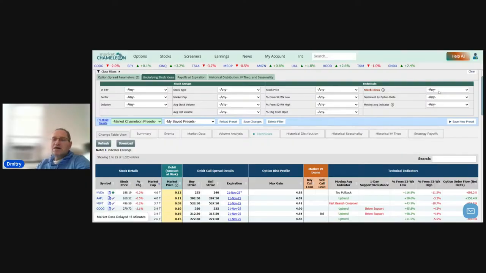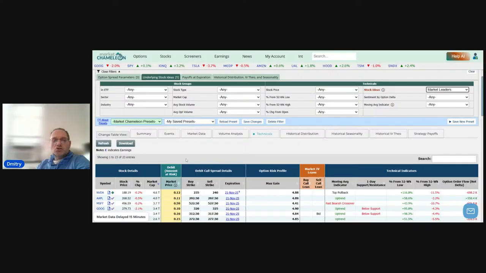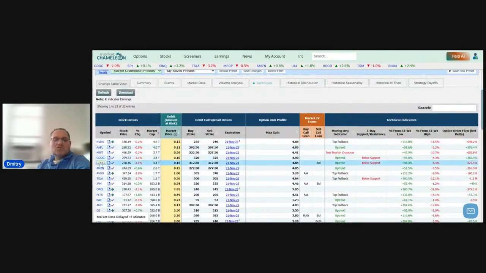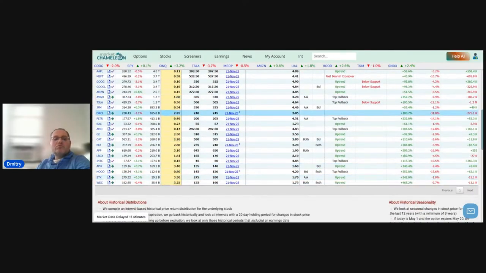So if we did that, said market leaders, now it shows us the market leaders: Nvidia, Apple, Microsoft, Google, Amazon. So these are the stocks that have led the S&P 500 higher. So sticking with those is a theory where these were the leaders.